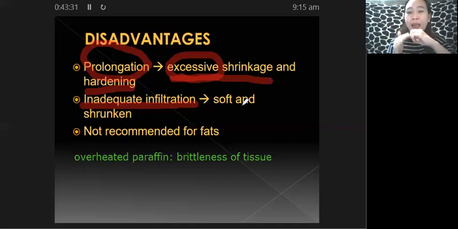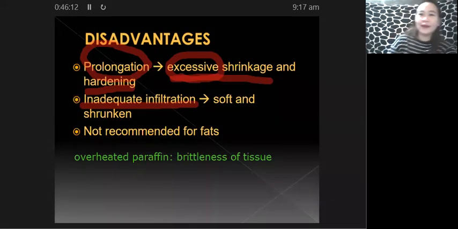But in inadequate infiltration, in Tagalog, it is lupaypay. Okay, saglit nga, tingnan ko nga kung ano ang English. Okay, hindi ko mahanap yung lupaypay. Okay, basta ganun yung ano. I will try to look for a better term later and then send it in your group chats. Okay? So anyway, yes. It's shrunken, para siyang drooping. It's drooping, something like that. The appearance would be like that. Okay? So that is one disadvantage of inadequate infiltration using your paraffin wax.